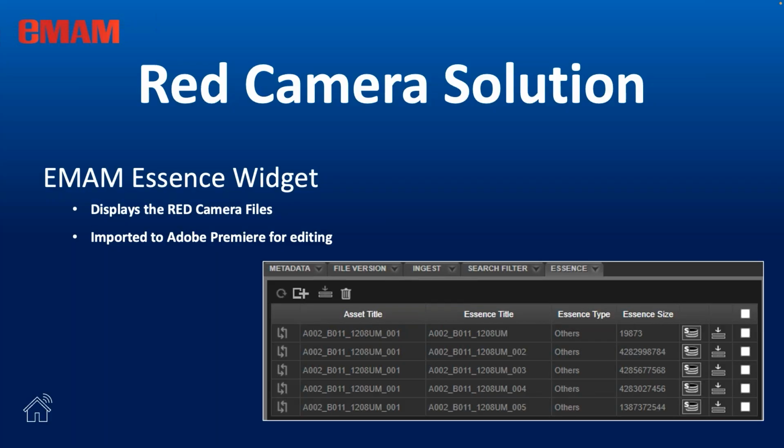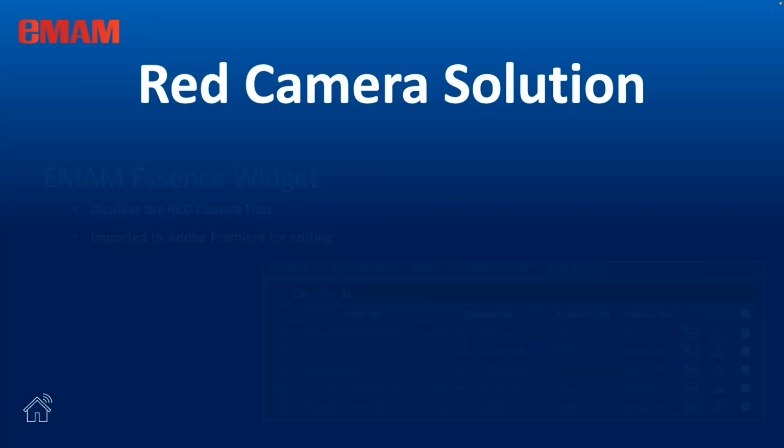So no matter where this asset goes, if you import it into Adobe Premiere, so go all of these individual files, and they come in as one asset inside Adobe Premiere, say through the Adobe Premiere panel. That's really key. So we keep the essence of the original RED camera files, and also have a very nice, easy way to preview the media, not only within EMAM Director, but also within Adobe Premiere.